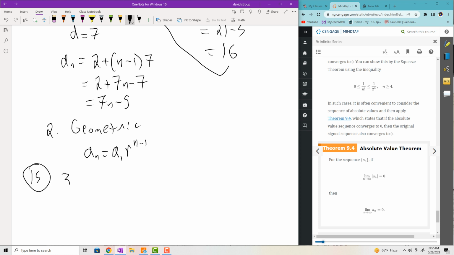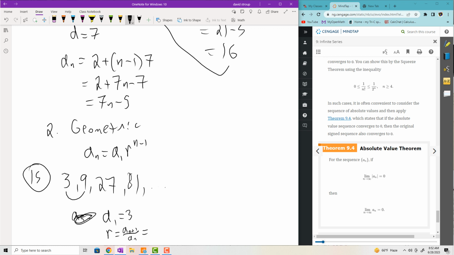So problem 15: 3, 9, 27, 81, etc. So a sub n should equal, well, let's figure out a sub 1. a sub 1 is 3. What is the r value? The r value is the common ratio. If you took a sub 2 divided by a sub 1, or in general a sub n plus 1 over a sub n, that gives you your r value.